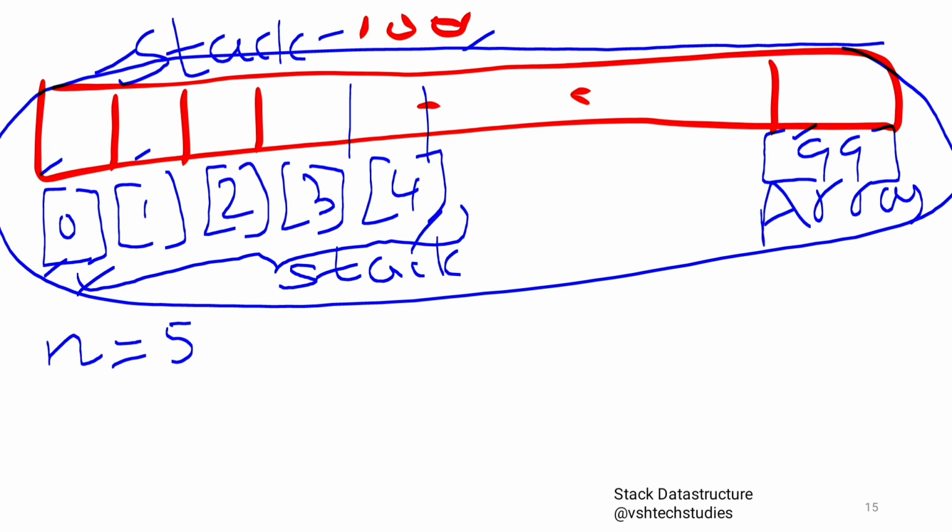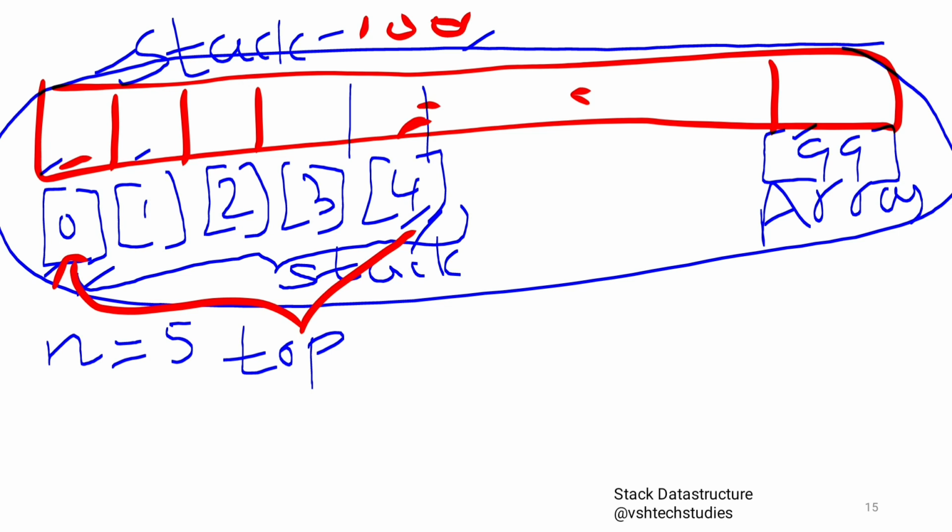Starting index is 0, the last is 4. This is our stack now, which we are going to use. One more variable we are going to declare, that is top. Top is made to store the index. If it is 0, it points to this memory location. If it is 4, it points to this memory location.